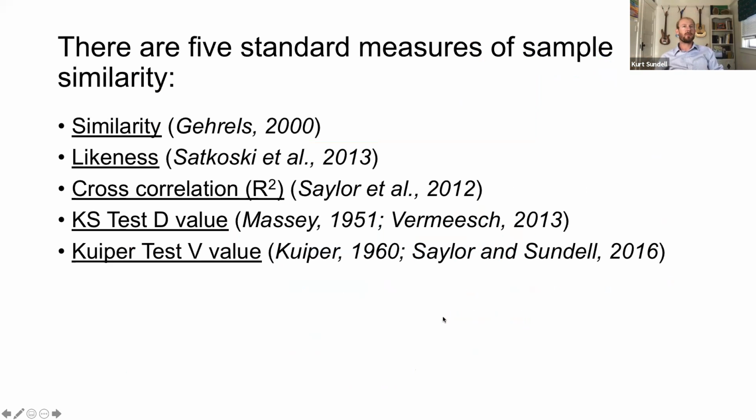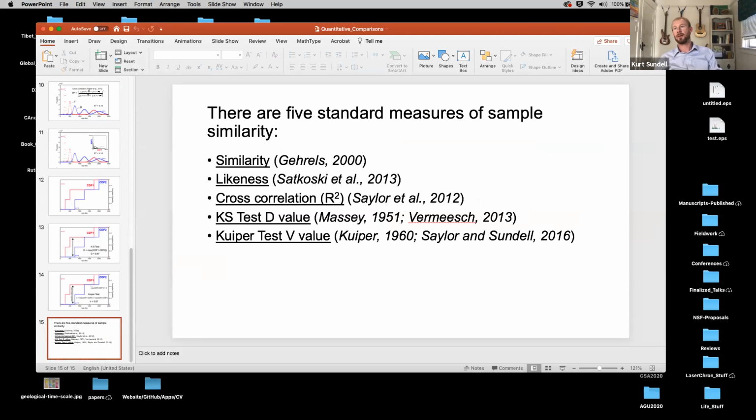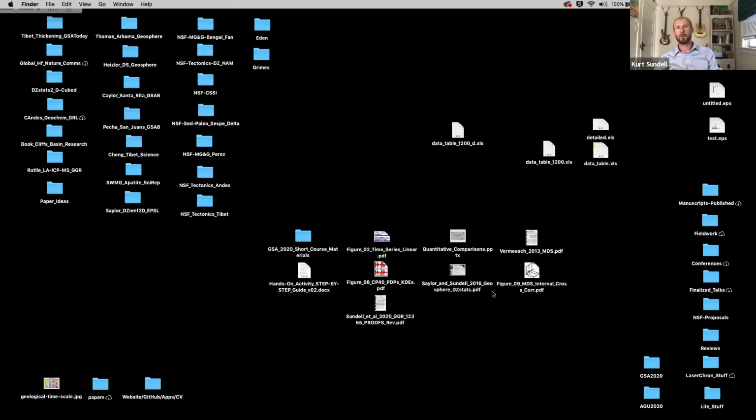And so my PhD advisor and I, back when I was a student, did as rigorous an assessment as we could of all of these different metrics in this paper that's included in the literature folder online. And for p-values, I'd like to point you toward Peter Vermeesch.